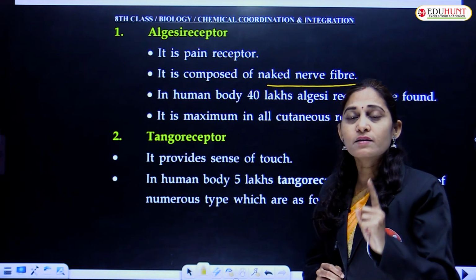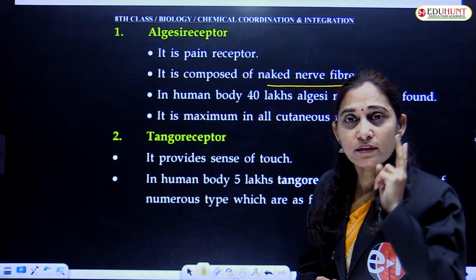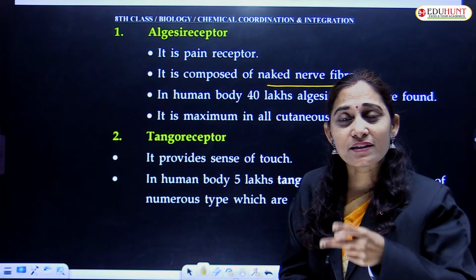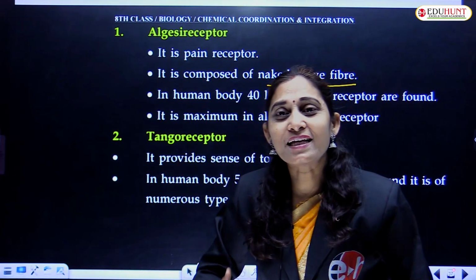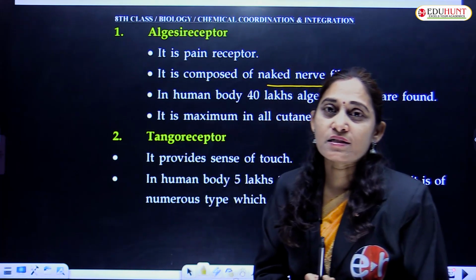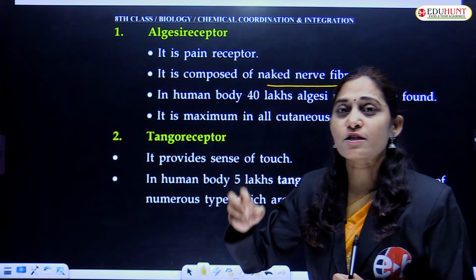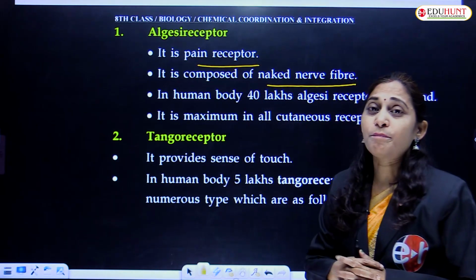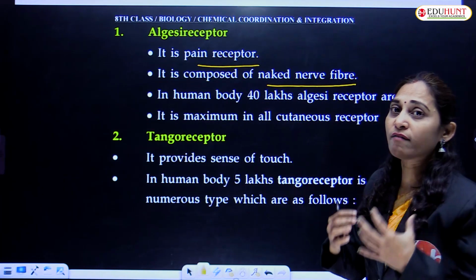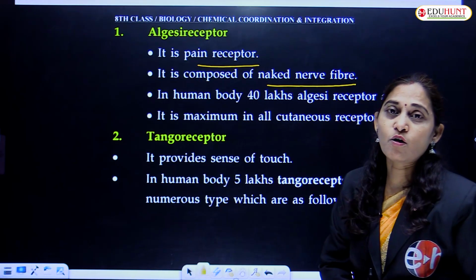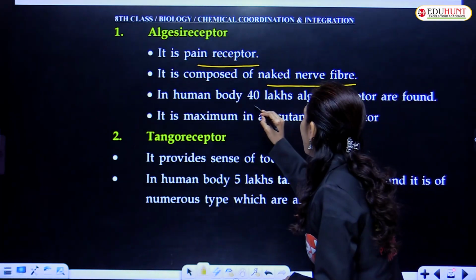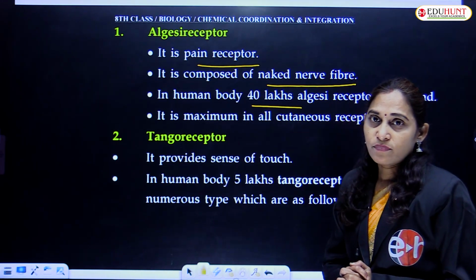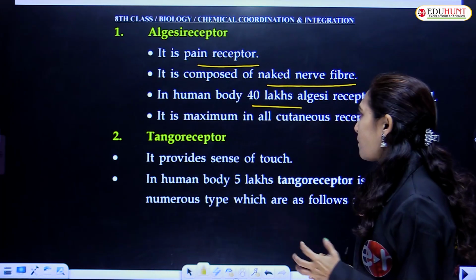The nerve fibers and the signal molecules or hormones released from the glands work together, and our body responds healthily to signals and stimuli. Because of this response, through pain receptors we are able to feel pain. And in the human body, approximately 40 lakh analgesic receptors are present so far discovered. It's an approximate number.